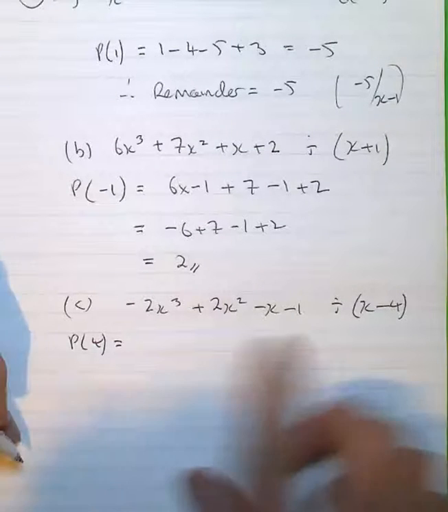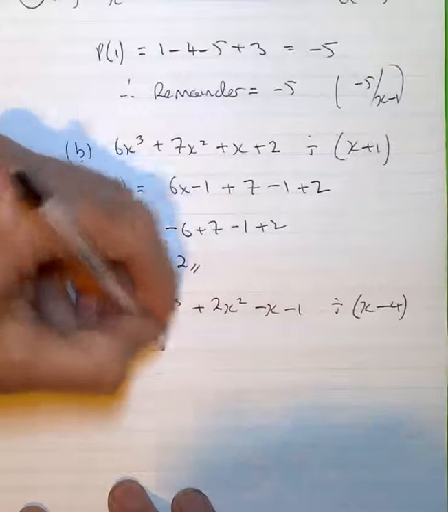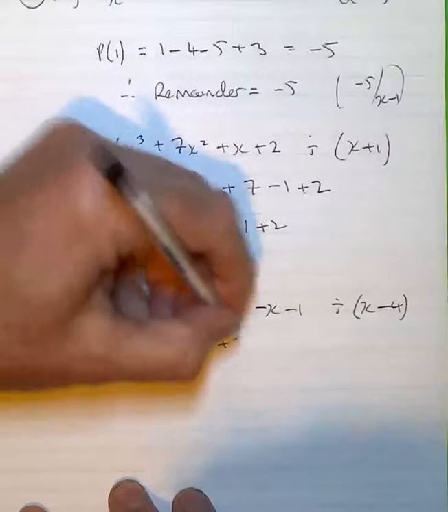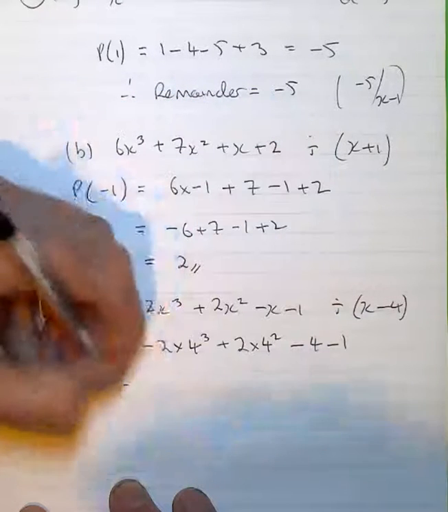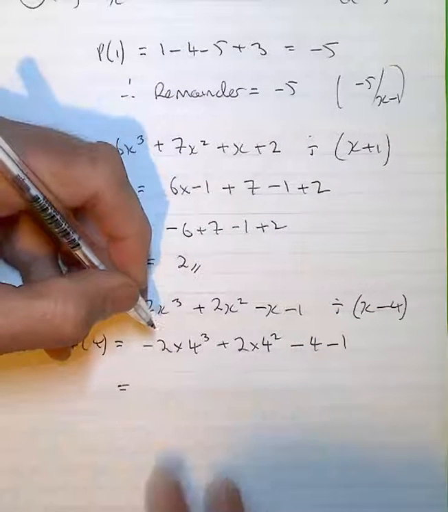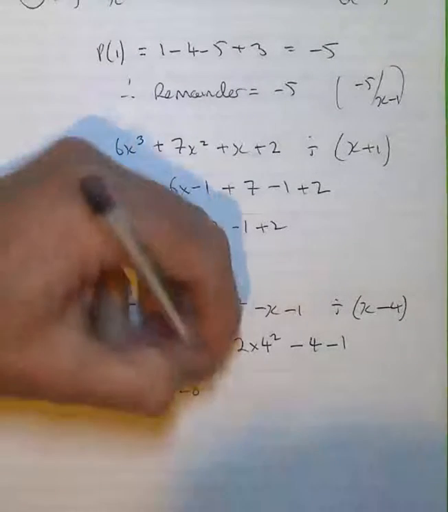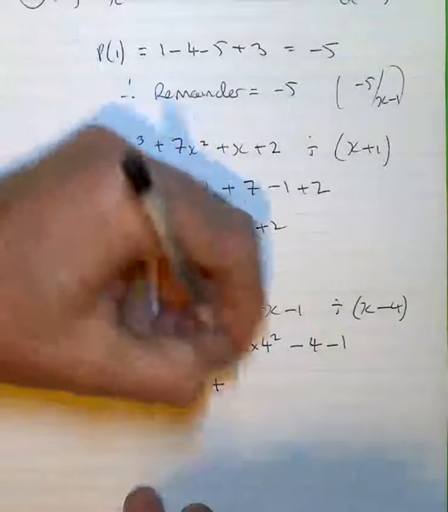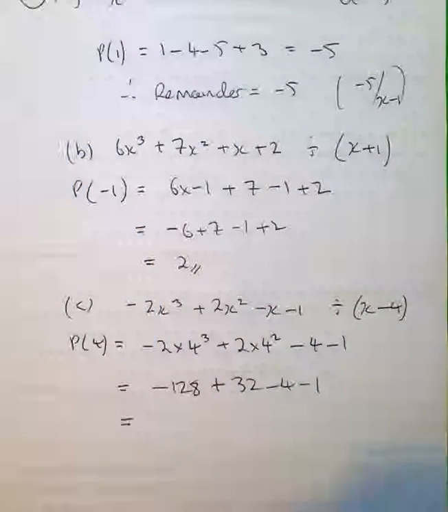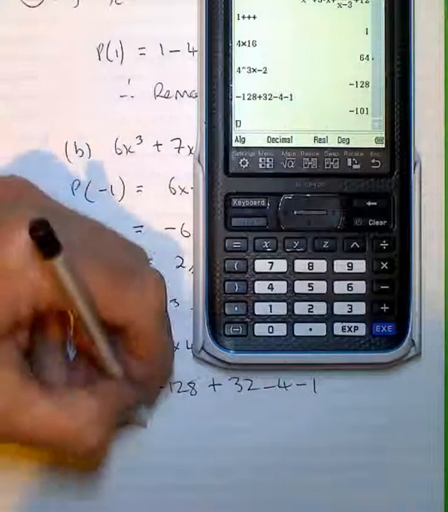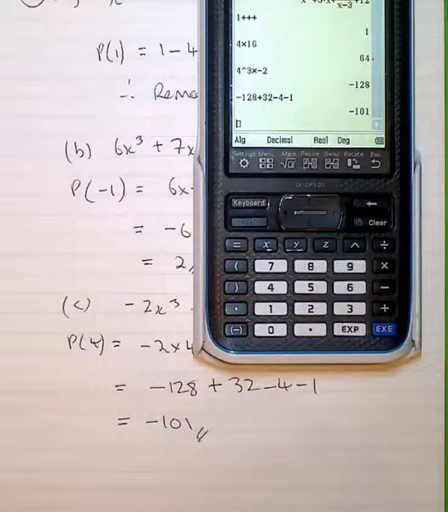Working through C, I'm dividing in x minus 4, substituting in 4. So -128 plus 2 16s, 32, take 4, take 1. And yep, I did use my calculator. That will give me a remainder of -101.